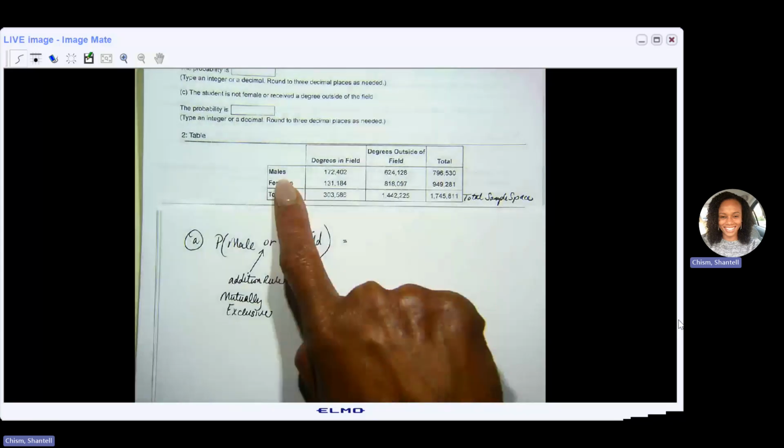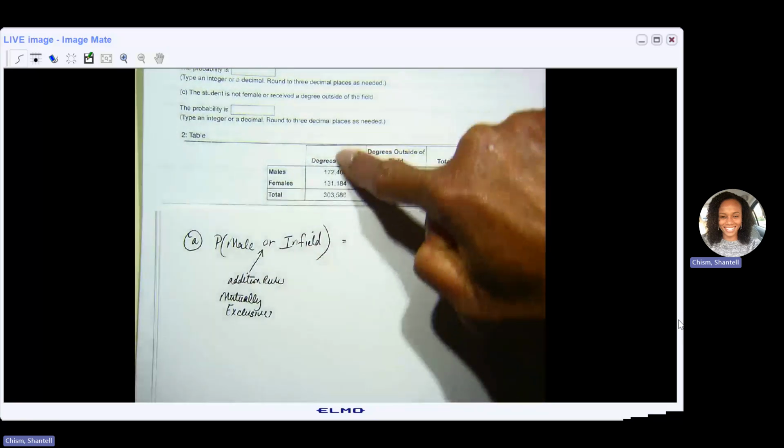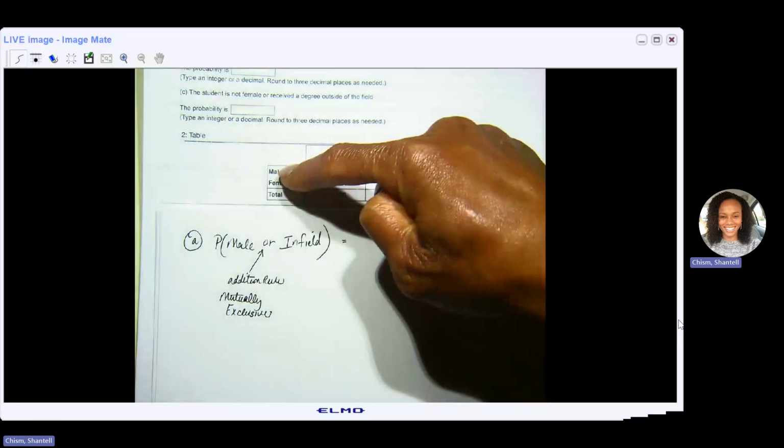Let's take a look at our table. Here we've got males, that's a row, and degrees in field, that's a column. Anytime your row and your column are intersecting each other, then you do not have mutually exclusive events. They overlap. So are they mutually exclusive?